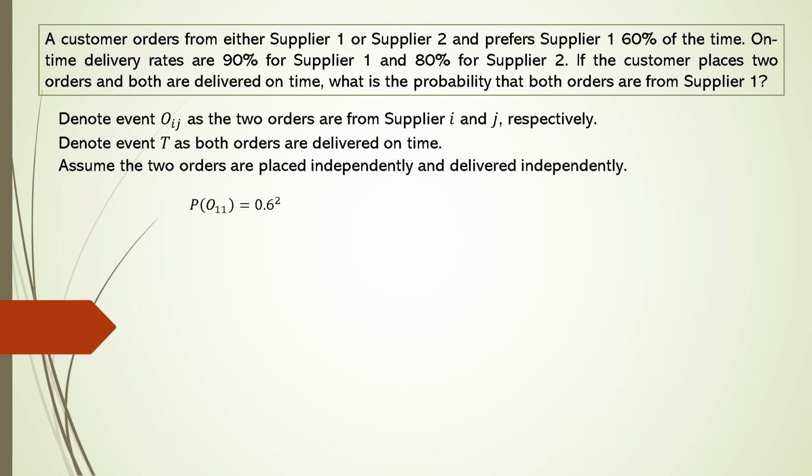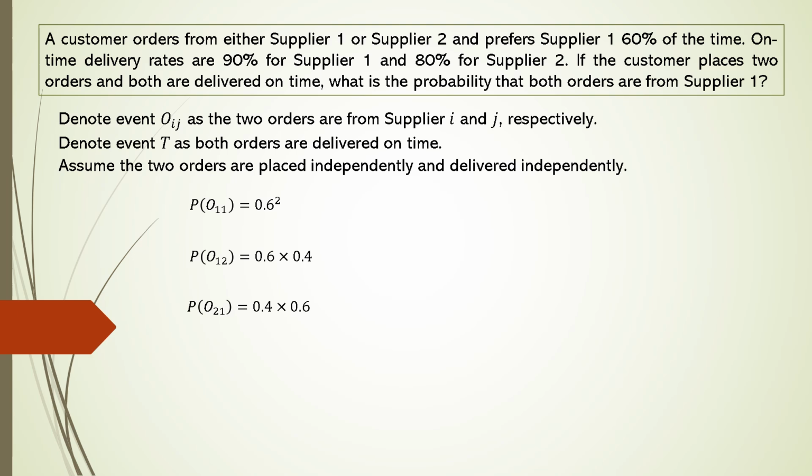Because of independence. So 0.6 is the probability of an order from supplier 1, so we square it. Now the second, O12, is the first order from supplier 1, the second one is from supplier 2, so we have again used independence. So we have this result.